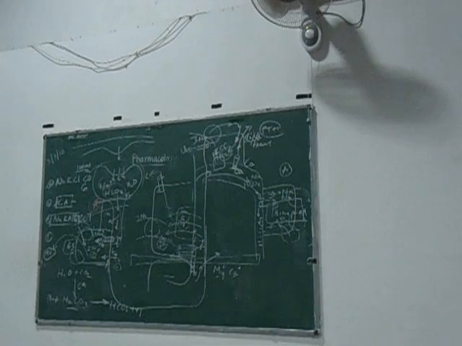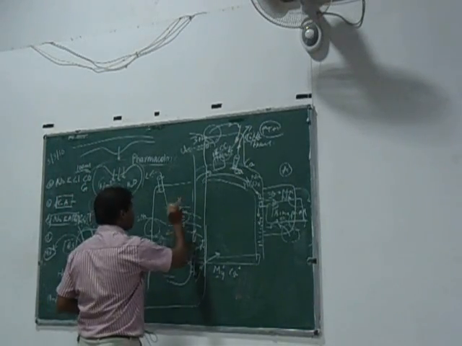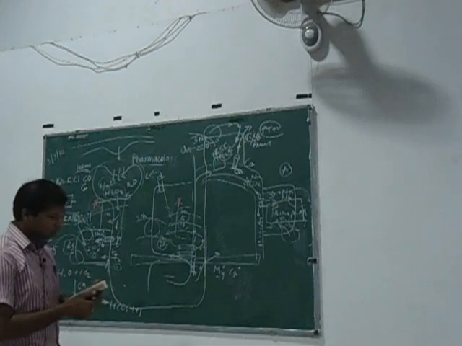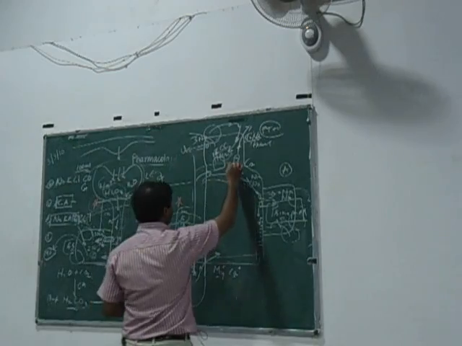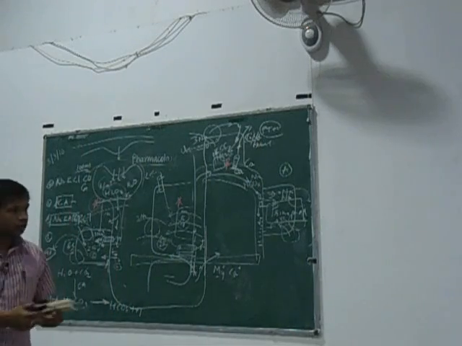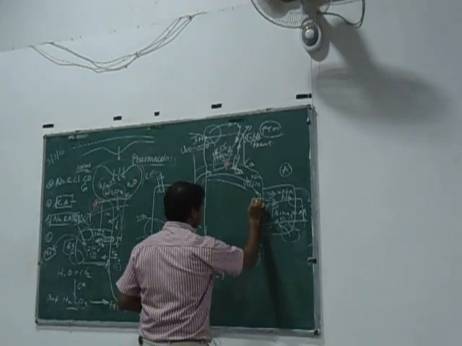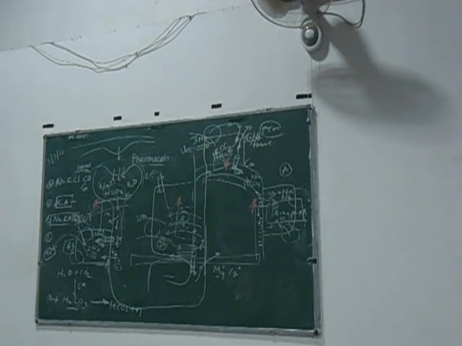Then we have the loop diuretics which can act on this sodium potassium chloride cotransporter. Then we have the thiazide drugs which act on the distal convoluted tubule, that is the sodium chloride cotransporter blocker. Then we have the drugs which can act on the collecting tubules, that will be the potassium sparing diuretics. All these channels will be blocked. How they act, how the action will go, we'll learn it now.